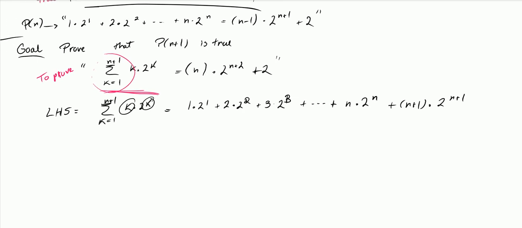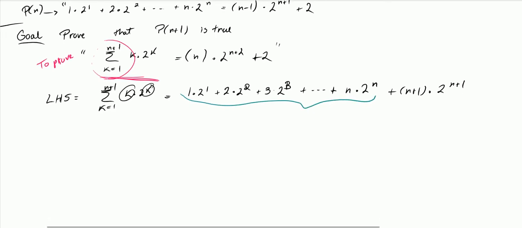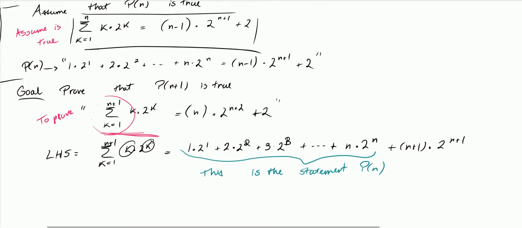This is my LHS. Now I'm going to observe that all of this thing over here is actually the left-hand side of the statement P(n). Remember, my statement P(n) is this.